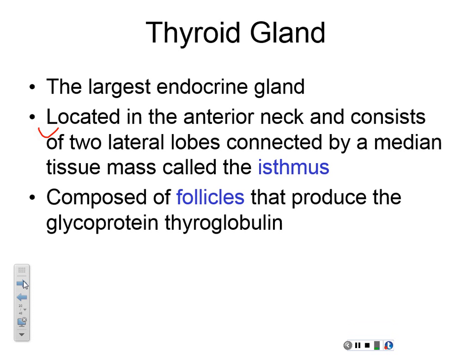It's got follicles in it. Follicles produce this sort of protein called thyroglobulin. And the real hormones of the thyroid are T3 and T4. Triiodothyronine, which gets 3 iodine molecules, and tetraiodothyronine, which has 4. This tetraiodothyronine is sometimes called thyroxine.